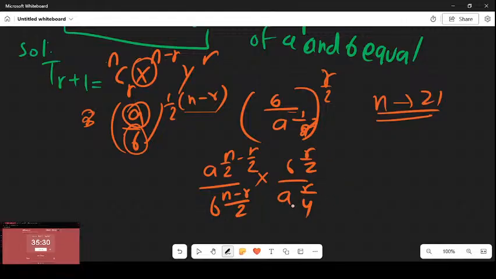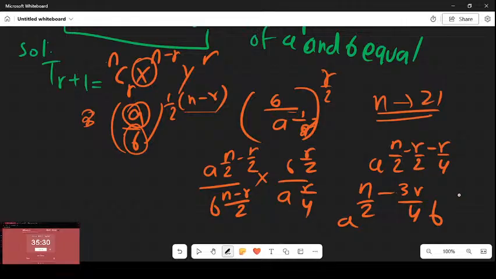Now since it's division, I have to subtract the powers: n by 2 minus r by 2 minus r by 4. What do we get from here? I guess we get minus 3r by 4.